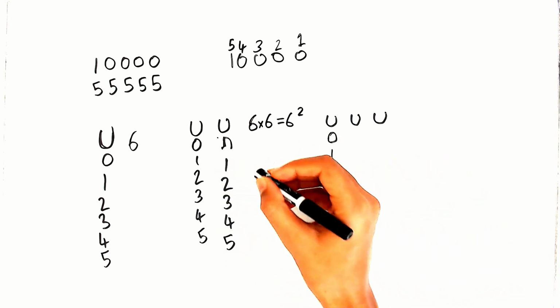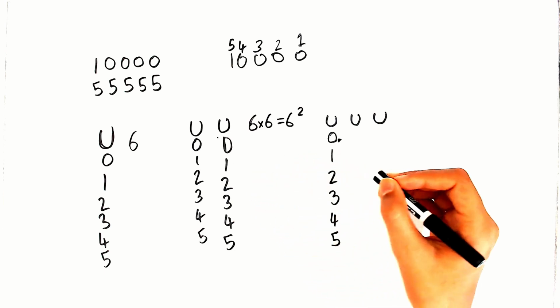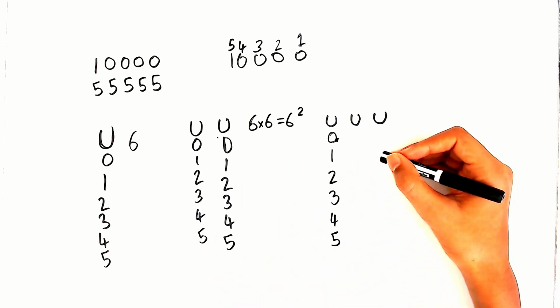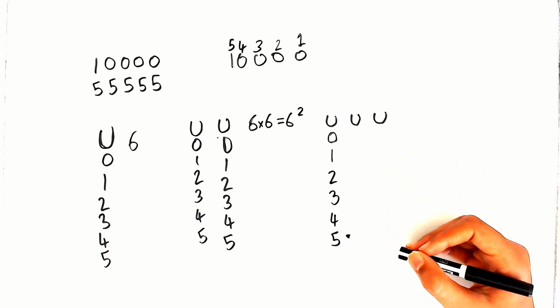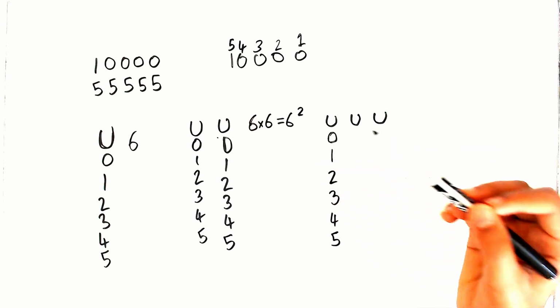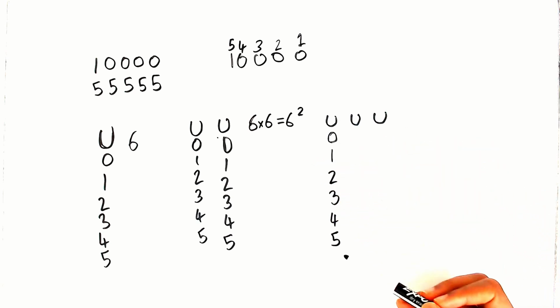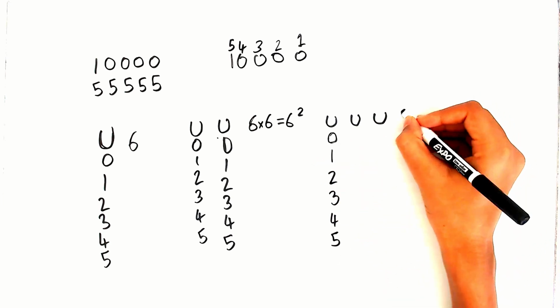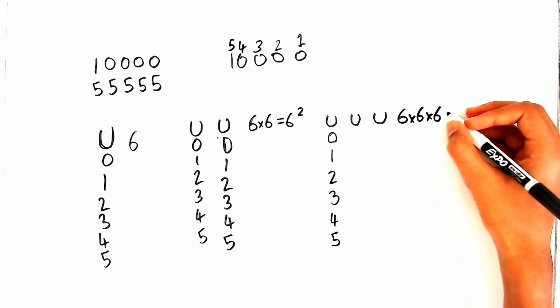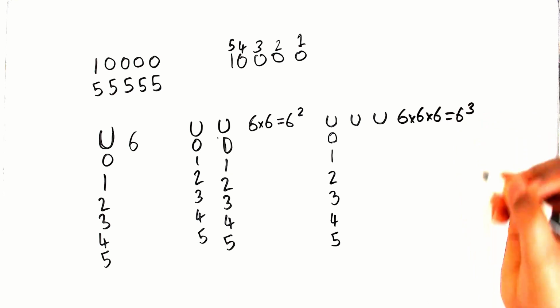So for the 0, this whole thing would repeat. For 1, the whole thing would repeat, all the way to 5. So here there are also 6 numbers, and for each of the numbers, it's 6 times 6. So that means it would be 6 times 6 times 6, which we can write as 6 cubed.